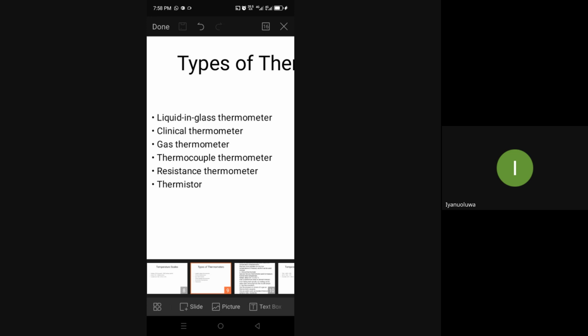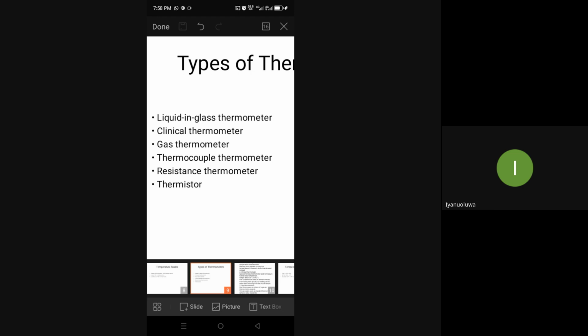So thermistor measures the temperature at which resistance happens, or the temperature in the resistor. Don't forget, resistance thermometers or thermistor use the thermometric property of resistance of metals with respect to temperature.